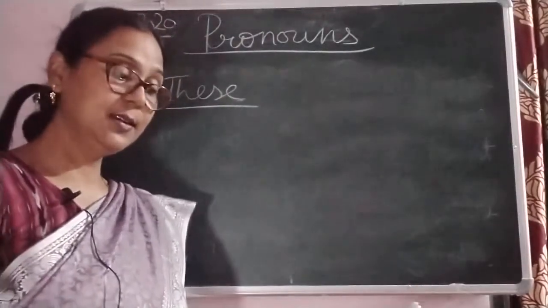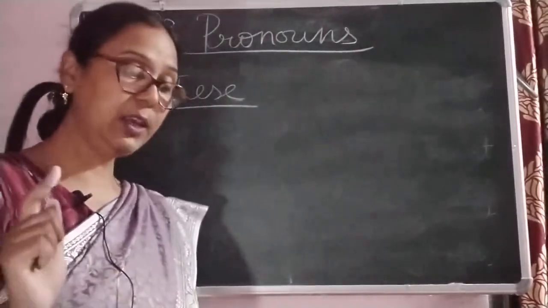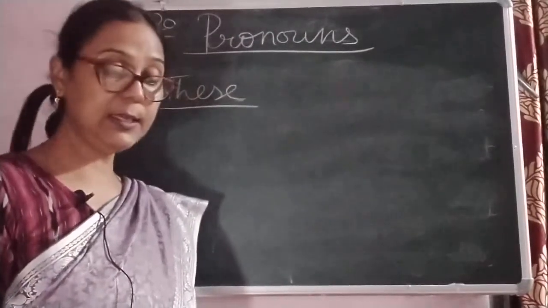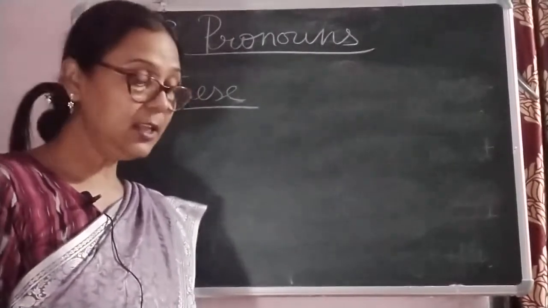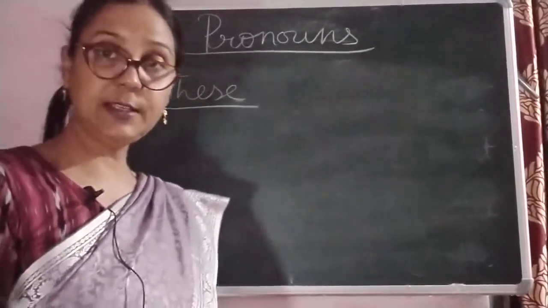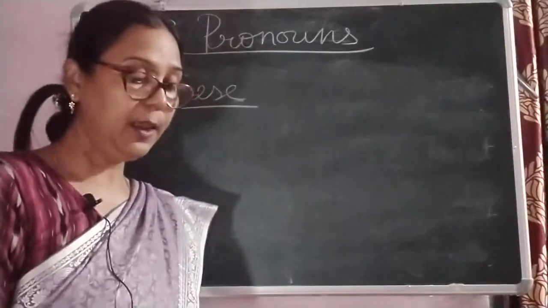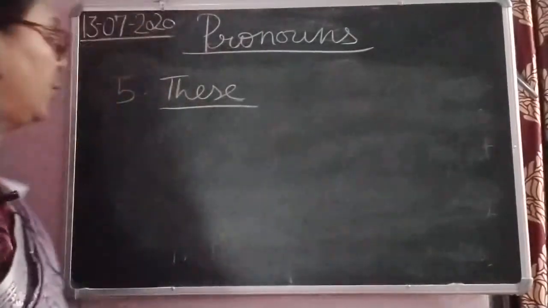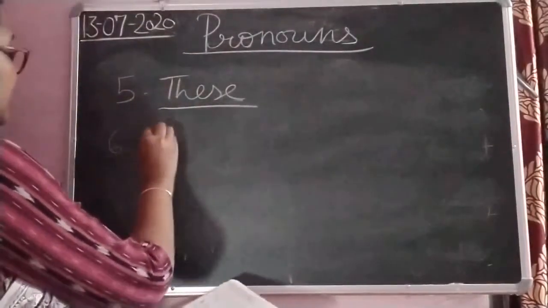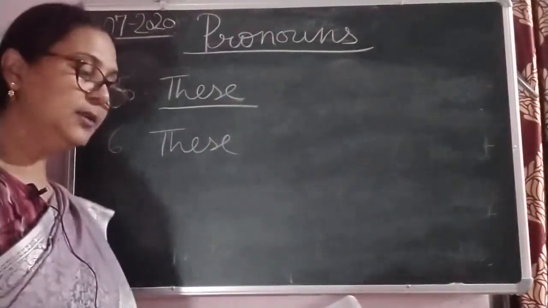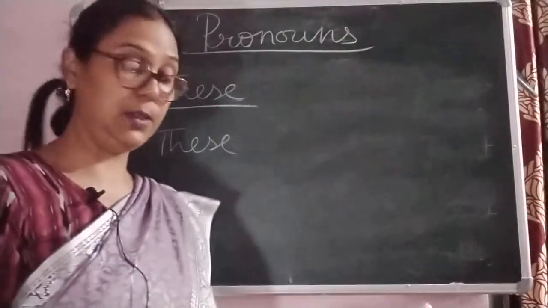Now 6, dash are the boys who came to meet the principal. So again here you can see boys, and in fifth we have already seen that was also plural. So here boys are there, so we are going to write over here, these are the boys who came to meet the principal.